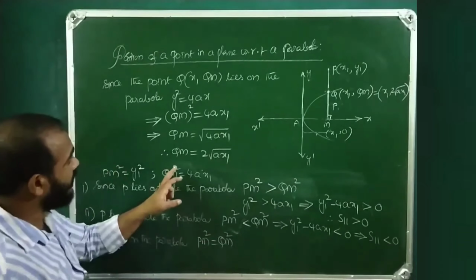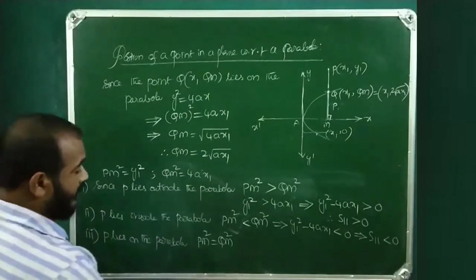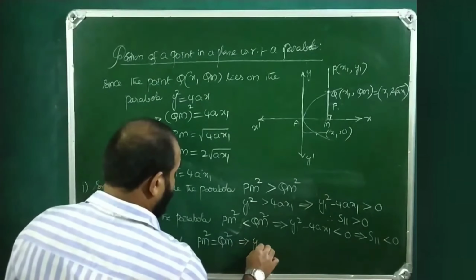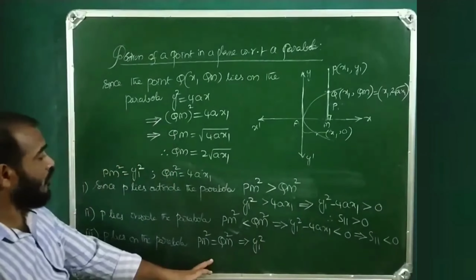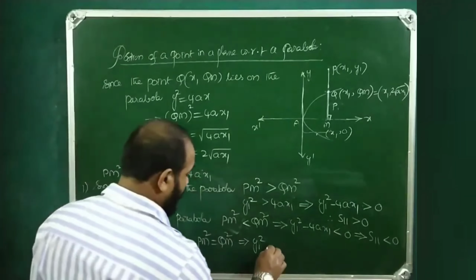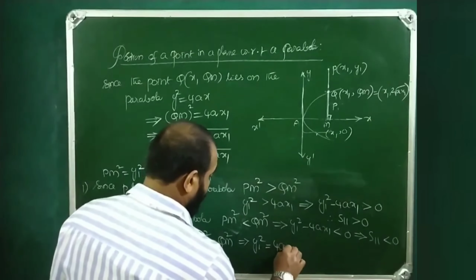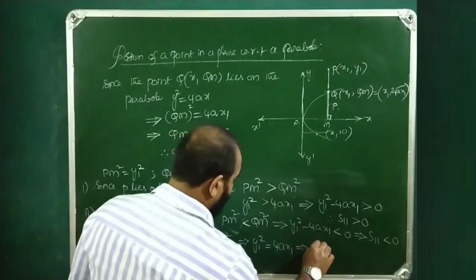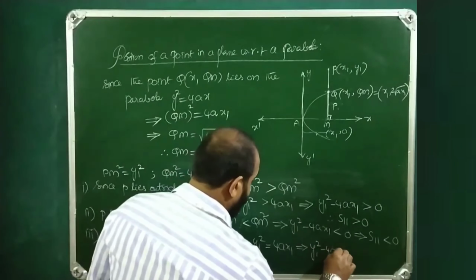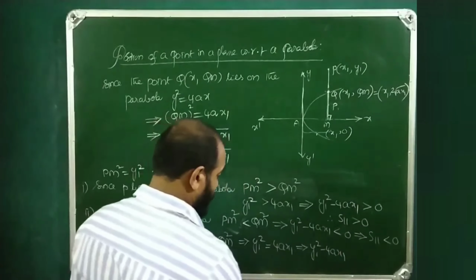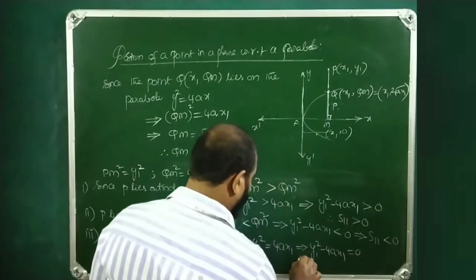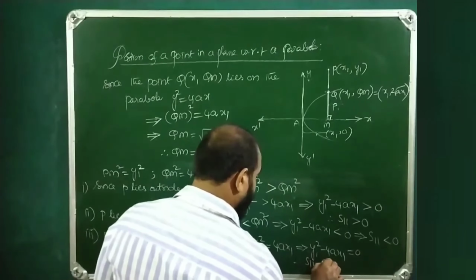PM square is y1 square, QM square is 4ax1. That means y1 square minus 4ax1 is equal to 0. Therefore, S11 is equal to 0.